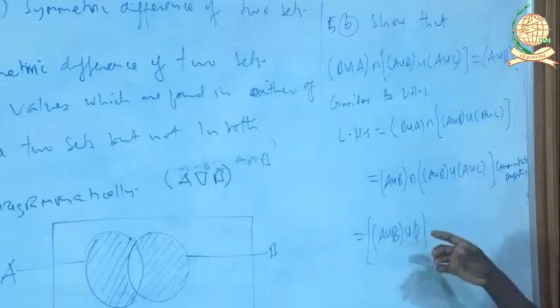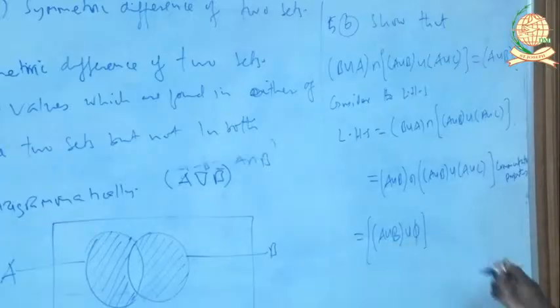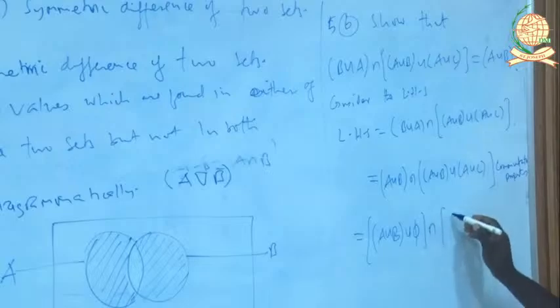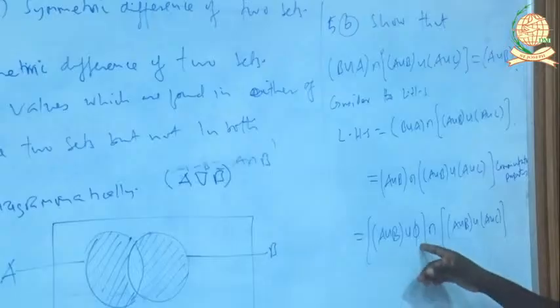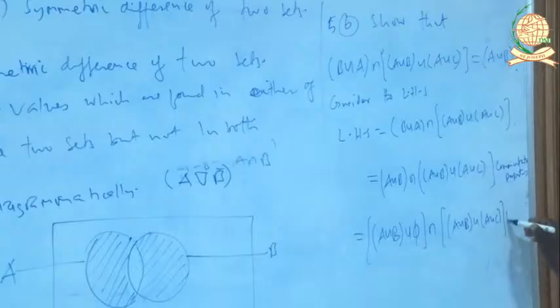It's like A union B united with nothing, so it is just A union B. Then intersecting with the other set, A union B union A union C. Any property dealing with the empty set and union, you can call the identity law.